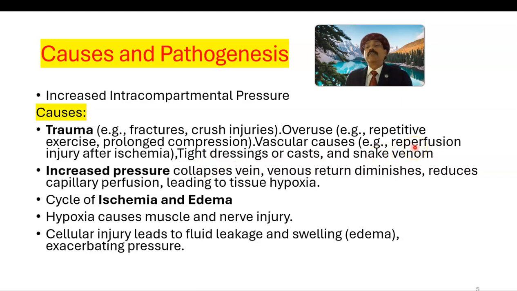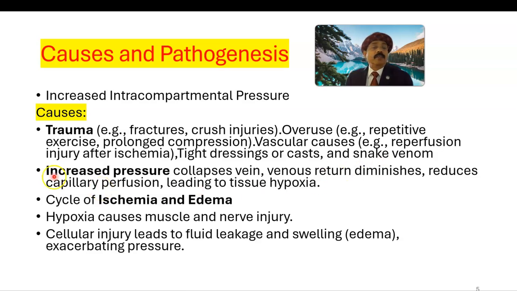Reperfusion should be done very gradually. Other causes are a tight dressing or cast, and complications of snake venom, which causes a lot of edema and also a lot of hemorrhage.